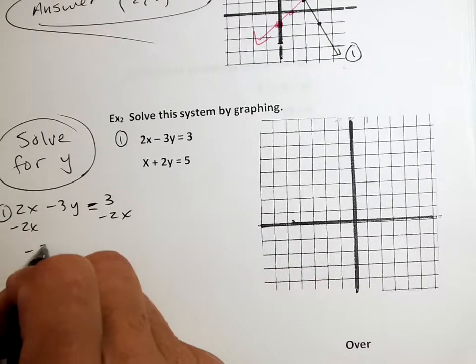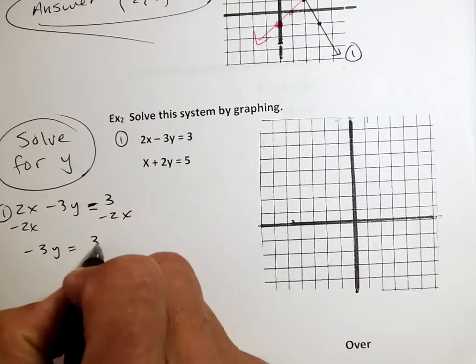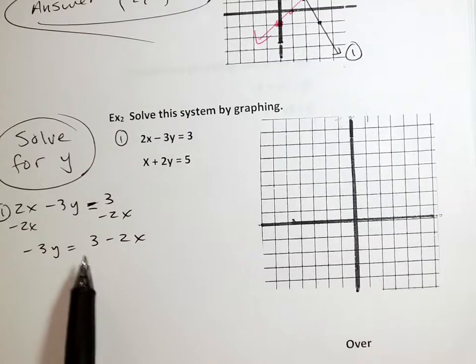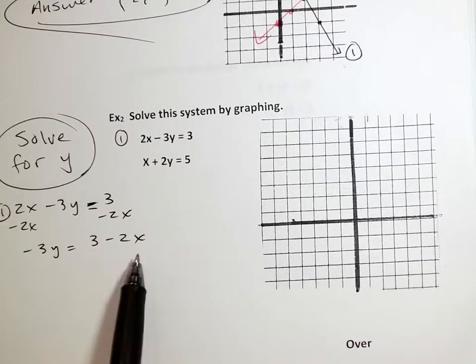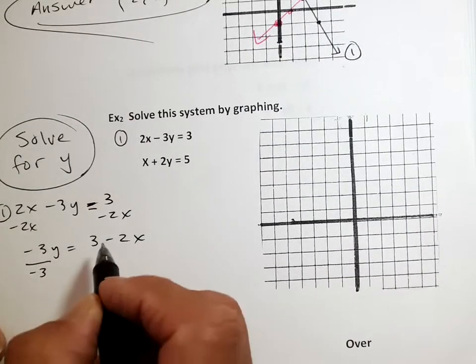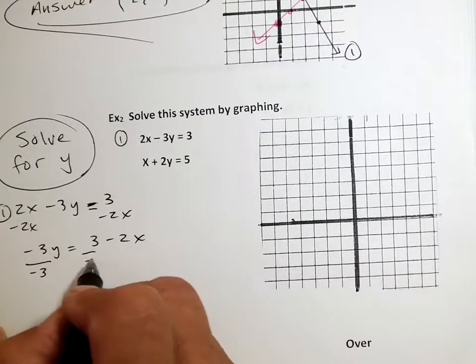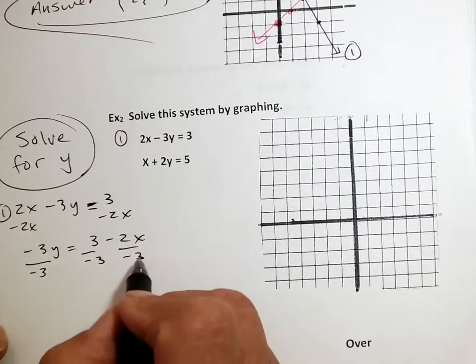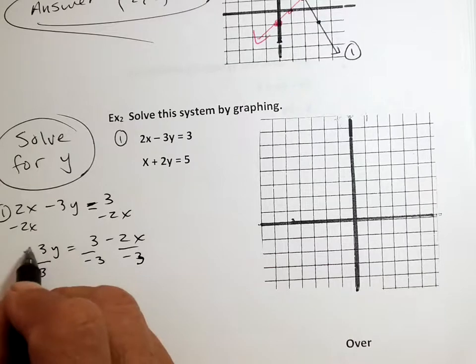I'll have negative 3y equals 3 minus 2x. And you can't subtract those, that's a whole number and that's an x, so you have to leave them separate. Then I divide everything by negative 3, and y is going to be by itself.